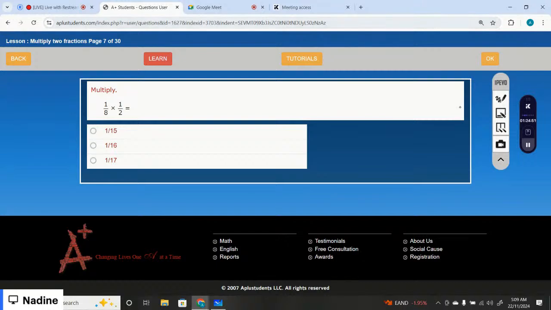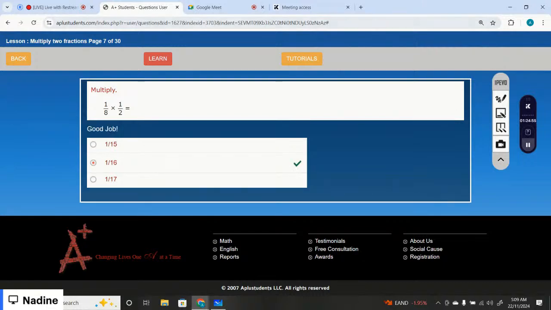That is 1 over 16. Option number 2 is the correct option.